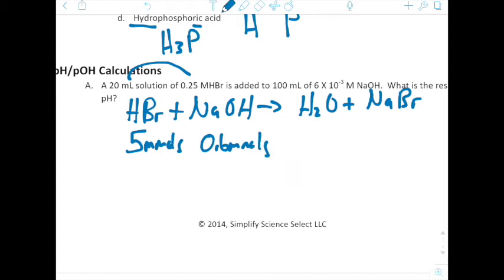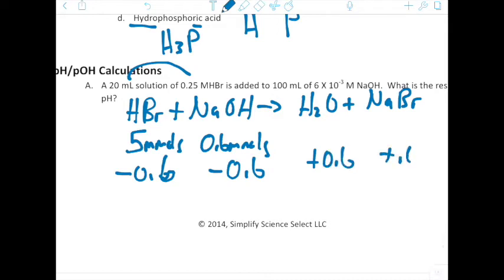Now, when they react, all of this sodium hydroxide, since it's in the lower quantity, will get used up. So this will go down by 0.6. This will go down by 0.6. This will go up by the same amount, and up by the same amount.